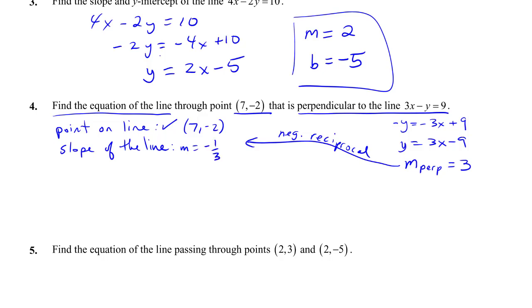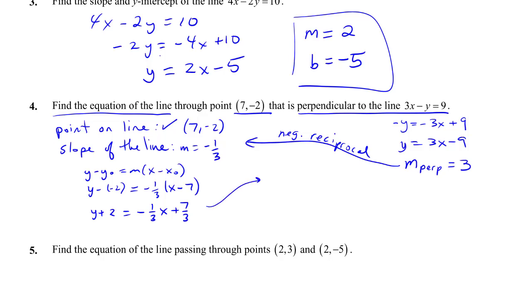So now that I have the slope of the line and a point on the line, shouldn't be too bad. I can do my point-slope, y - y0 = m(x - x0), and I can say y - (-2) = -1/3 (x - 7). So I get y + 2 = -1/3 x + 7/3.